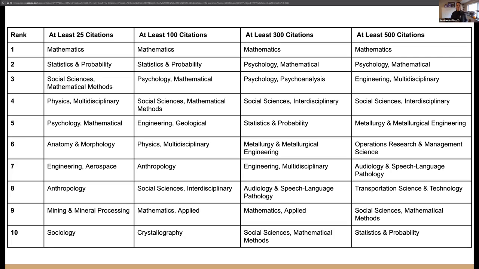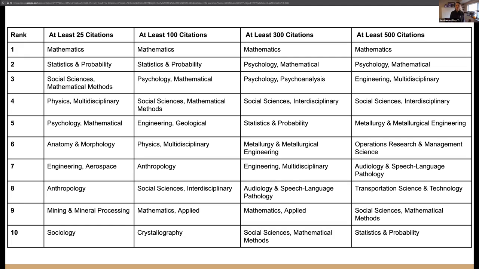And we have social science mathematical methods, psychology mathematical, psychology psychoanalysis, metallurgy, anthropology, aerospace. Anthropology should have been on the other list, as should sociology, engineering geological, and mining and mineral processing.